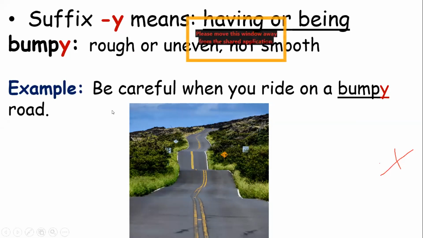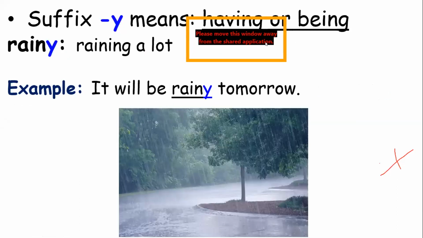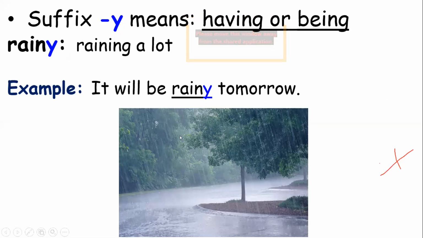Example, be careful when you ride on a bumpy road. Rainy, to have rain, or the weather to be rainy outside. Example, it will be rainy tomorrow.